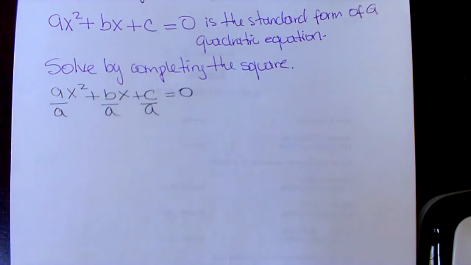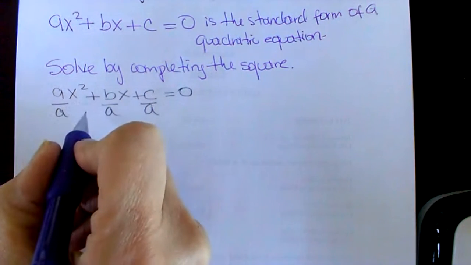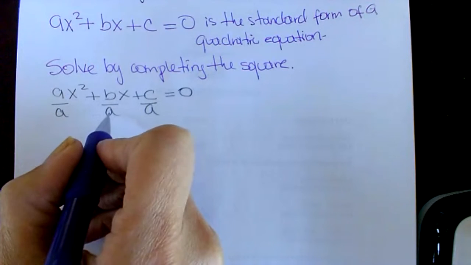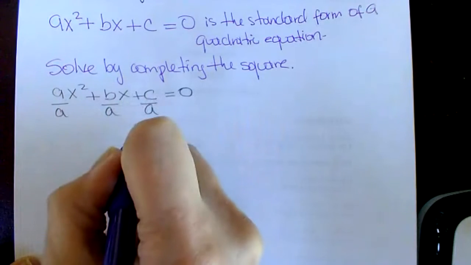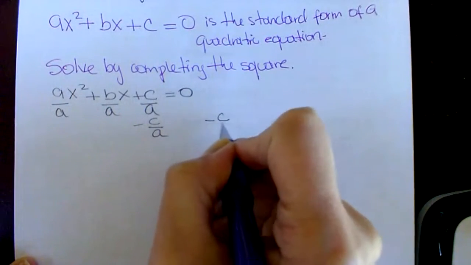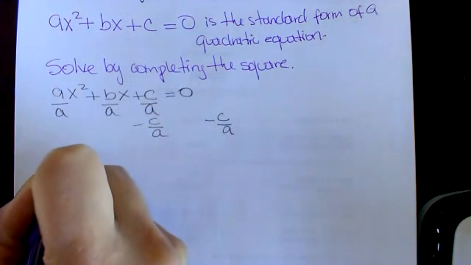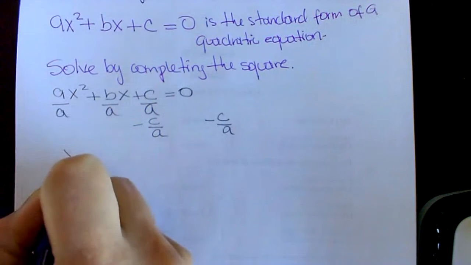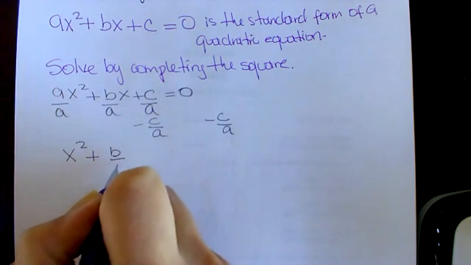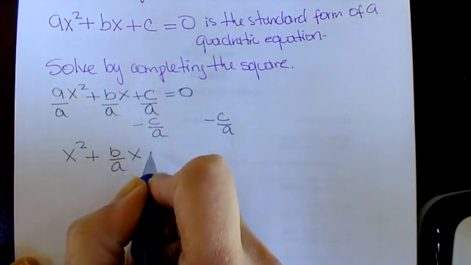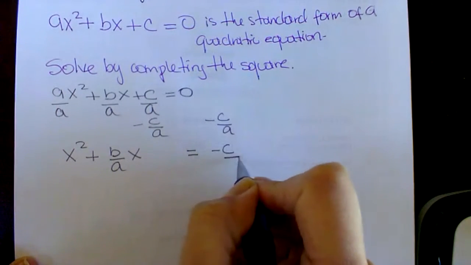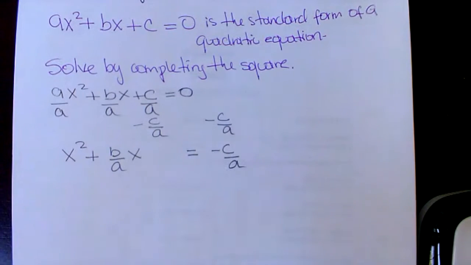I just want to show you that. So what do we have now? We are going to subtract c over a on both sides, so we're making a 0 on the left. What do we have? We have x squared plus b over a x equal to negative c over a.